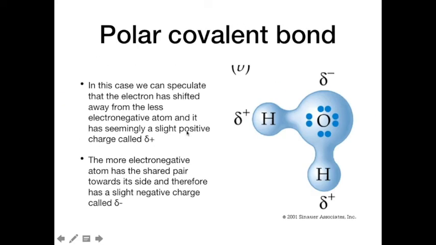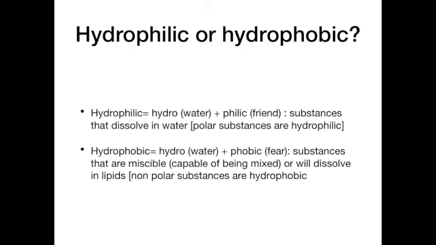Well, there are substances which are hydrophobic and they will not dissolve in the water, and they are called non-polar substances. The hydrophobic are called hydro, which means water, and phobic, which means fear. Phobic generally means fear. Remember the word phobia. Okay.